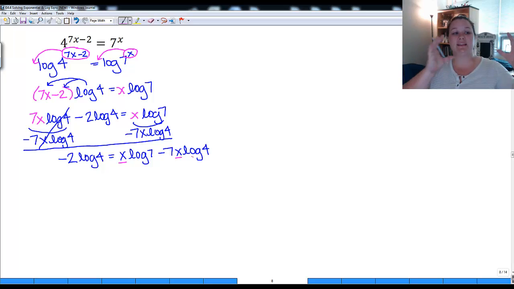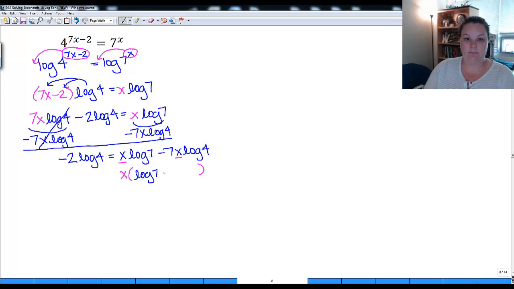Once we have our x terms on the same side, then we can go ahead and take that x out of both terms. So I'm going to take the x out, which is going to leave me with log 7 from the first term minus 7 log 4. So just factoring out that x equals negative 2 log 4.